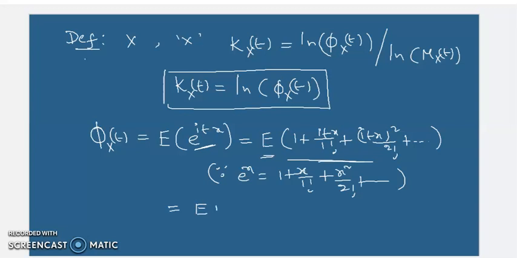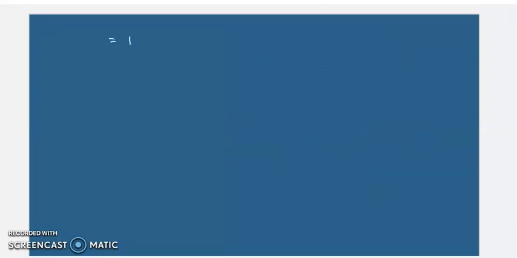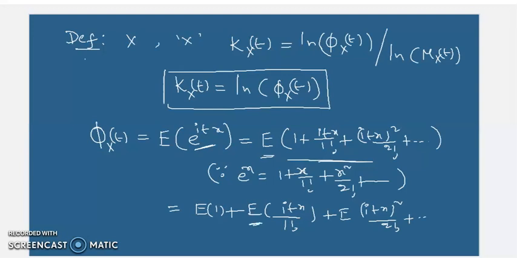We have E of 1 plus E of itX by 1 factorial plus E of (itX) whole square by 2 factorial plus and so on. Coming to the values, E of 1 means 1. Here the expected value is applicable only to the variable, so all the constants are taken outside.